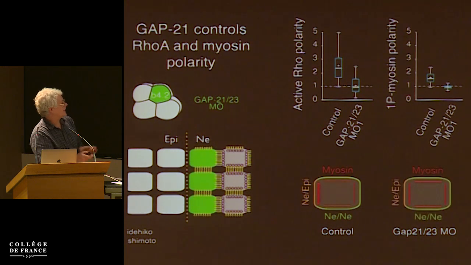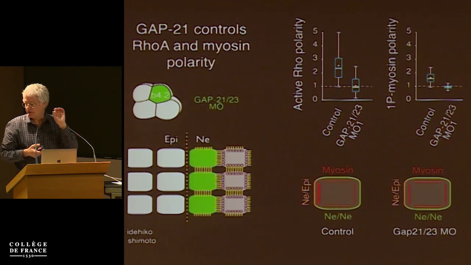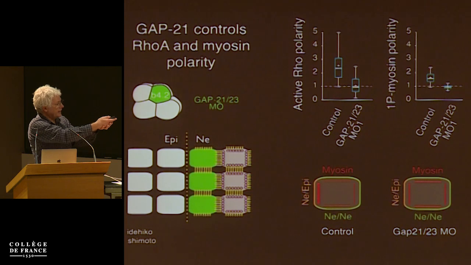But finally, Hide can test by knocking out directly the GAP itself, removing it directly from these neural cells. And under those conditions, what he now observes is that the polarized activation of Rho and myosin 2 is completely lost. And in fact, it's lost in an interesting way.